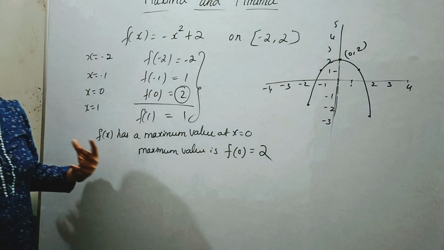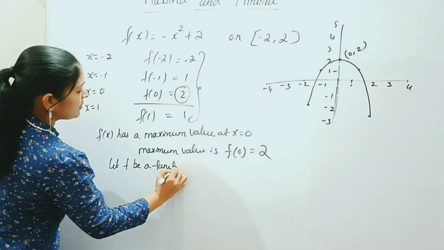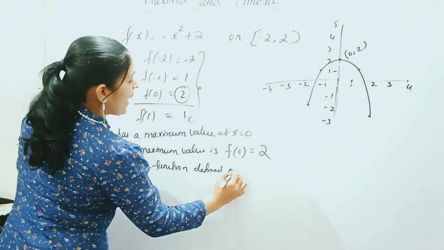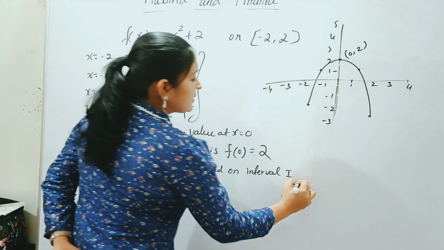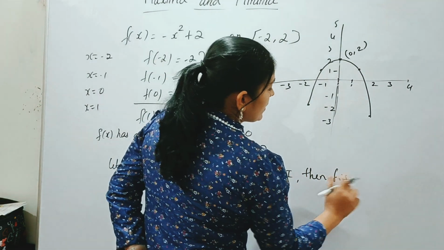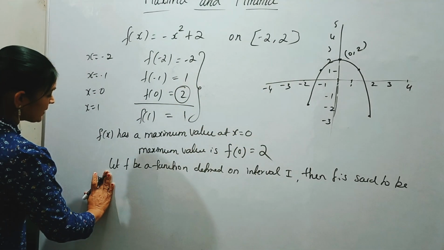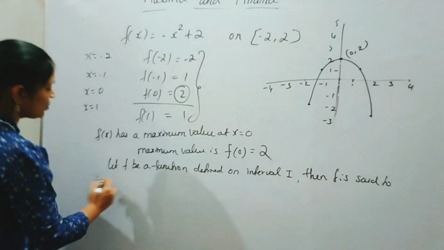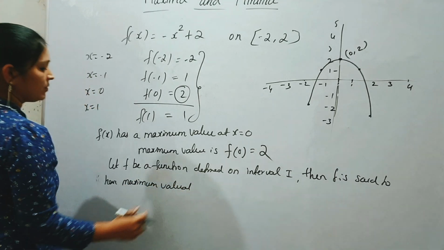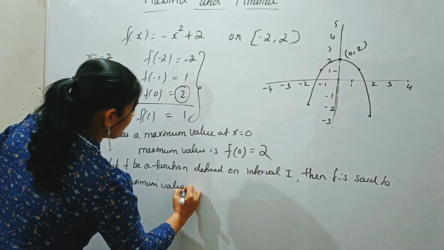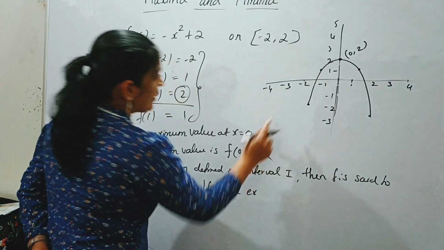So how can we define the maximum value of the function? Let f be a function defined on an interval I. Then f is said to have maximum value if there exists a point c, see what is the point here? 0.